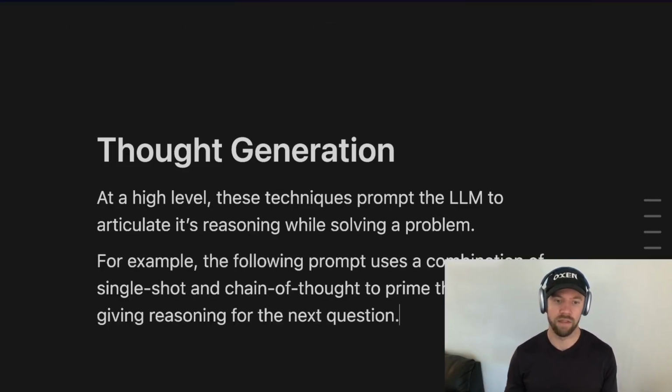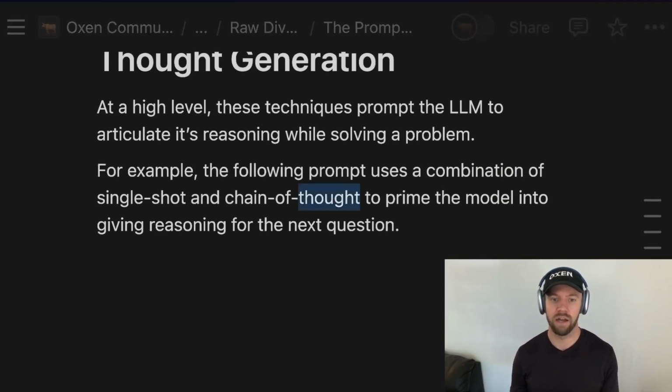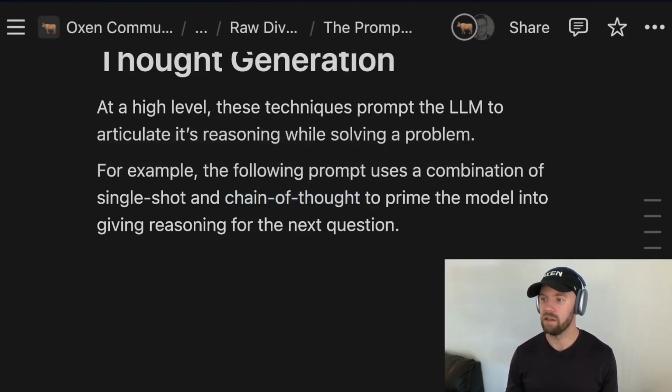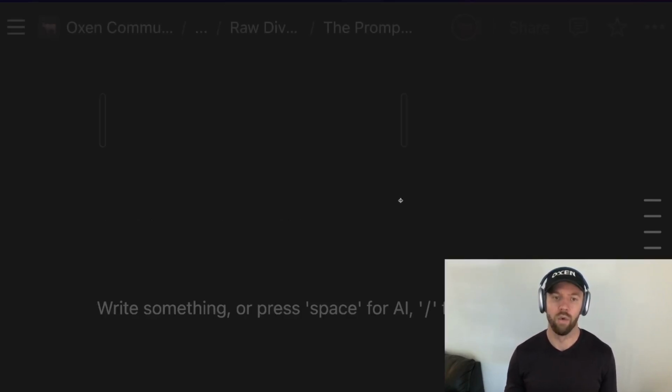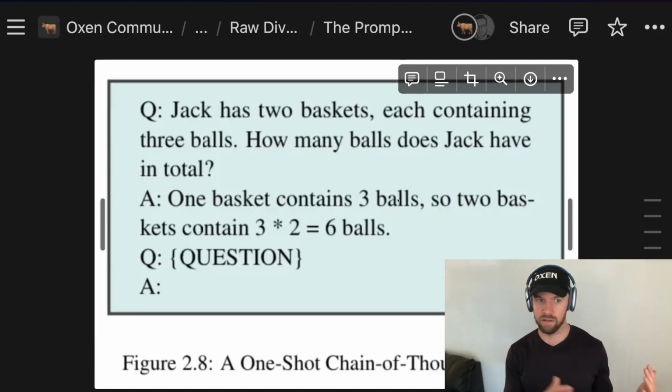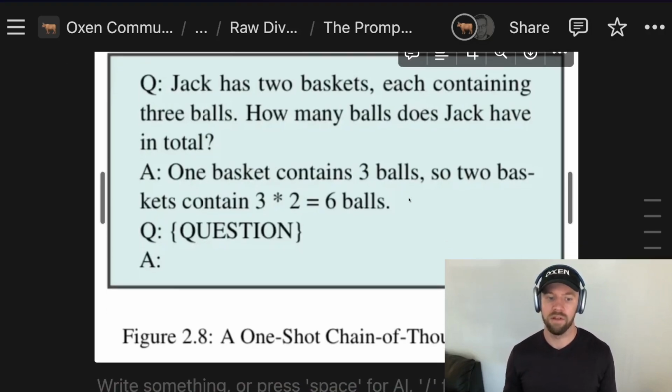One of the techniques within here is called chain of thought reasoning. Typically you see this technique when you have longer word problems that you need to reason your way through. There's a couple data sets, one called GSM8K, which is grade school math 8K, and another one just called MATH that have a ton of math word problems.